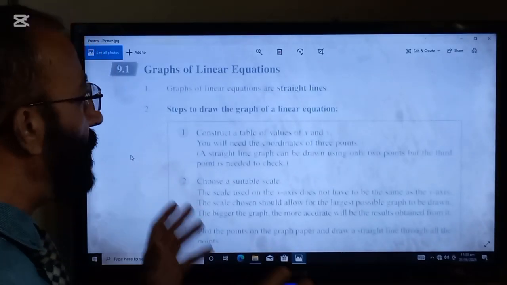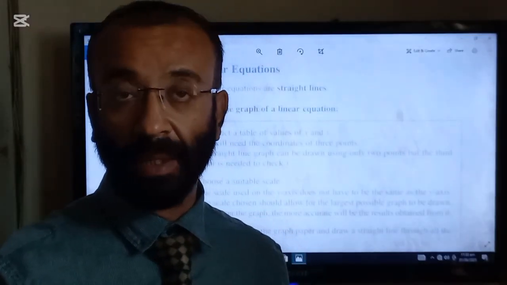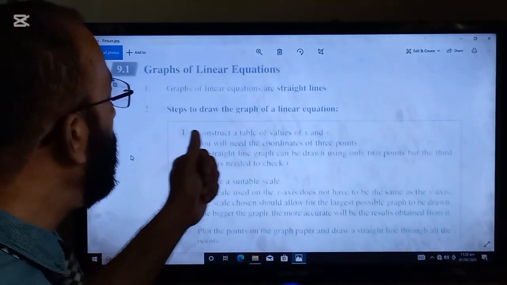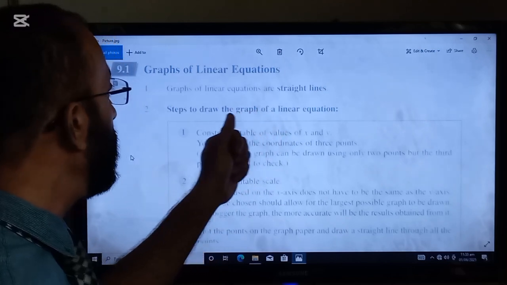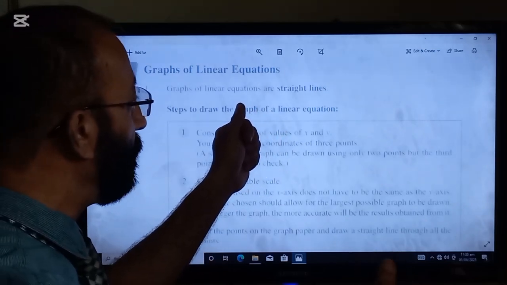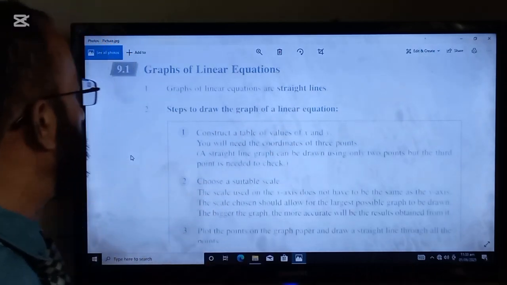The points to remember in this topic are: graphs of the linear equation are straight lines. This is the first point. Remember always, if there are linear equations whose graph is required to be made, that will always be straight lines.